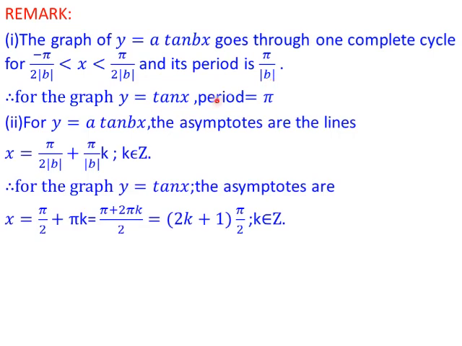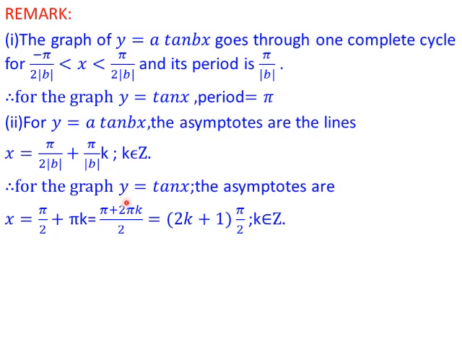Next point, for y equal to a tan bx, the asymptotes are the lines x equal to pi by 2 times modulus of b plus pi by modulus of b into k where k is an integer. So if the given curve is of the form y equal to a tan bx, then the equation of vertical asymptotes is of this form where k is an integer.